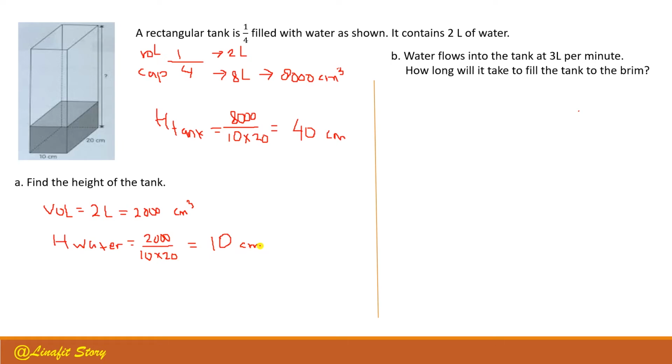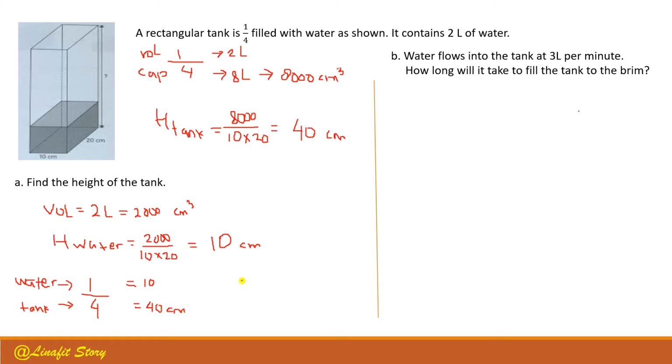The height of the water is 10 cm. So 1 out of 4, 1 unit is the height of the water level, while 4 units is the height of the tank. The height of the water level is 10 cm. This means 1 unit is 10 cm. How about 4 units? 4 times 10 is equal to 40 cm.